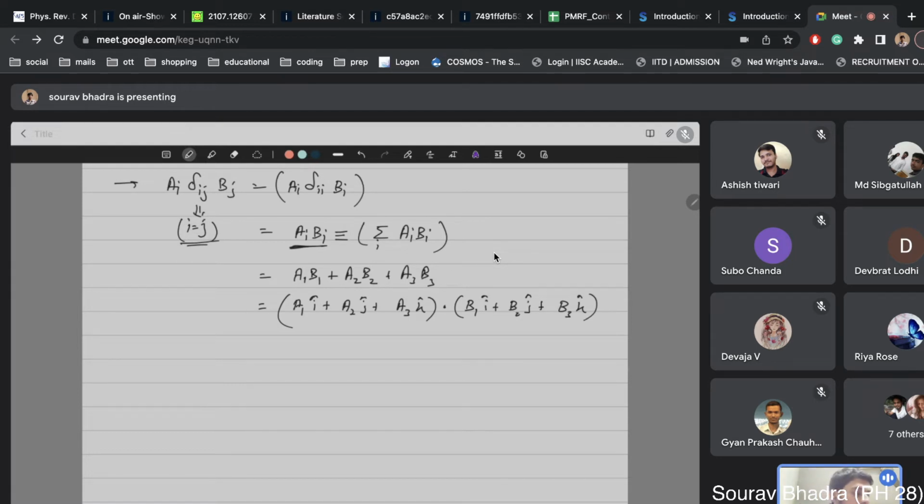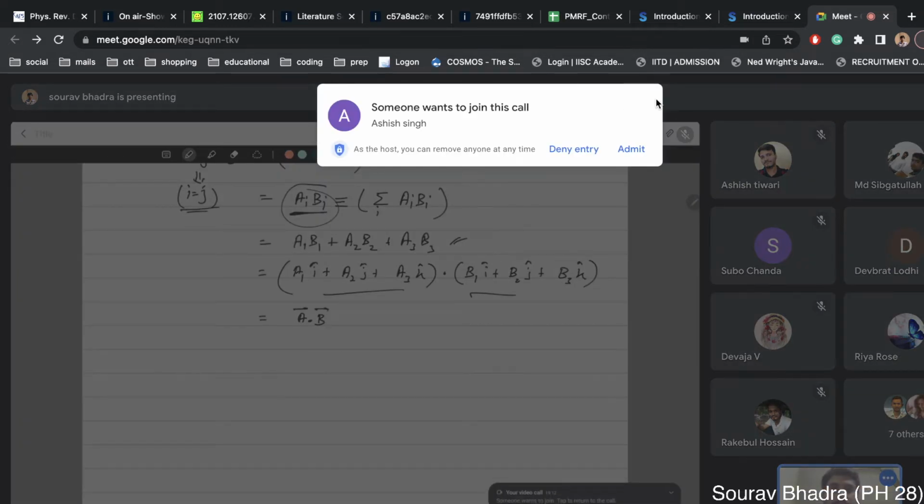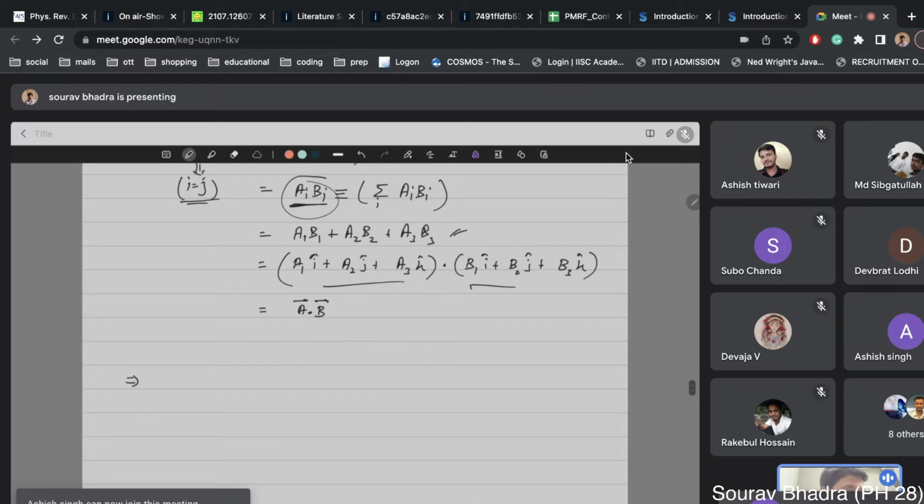If you do this dot product, you will get this result. So this ai bi can also be written as a dot product between two vectors, a dot b. So finally ai delta ij bj can be written as ai bi as well as the dot product between two vectors a dot b. It is the definition of the dot product between two vectors a and b actually.